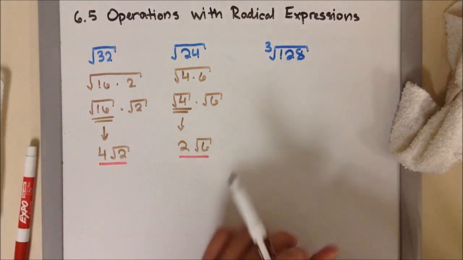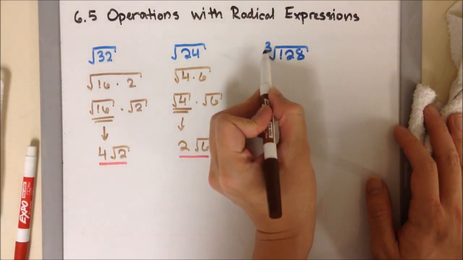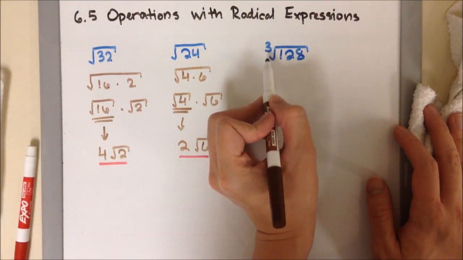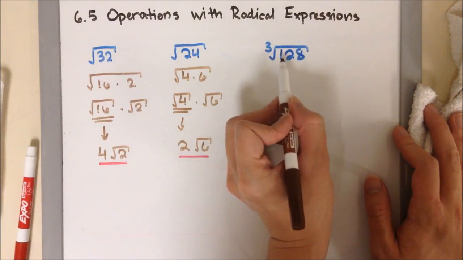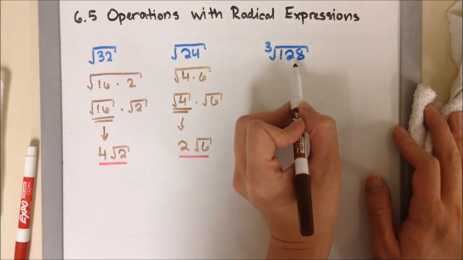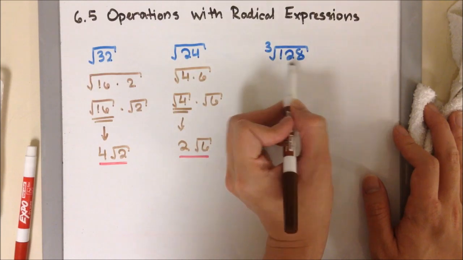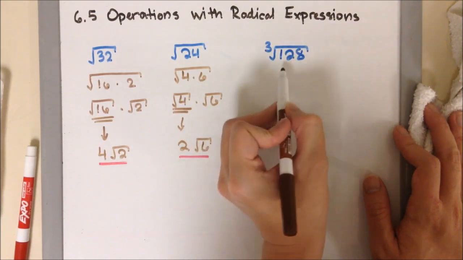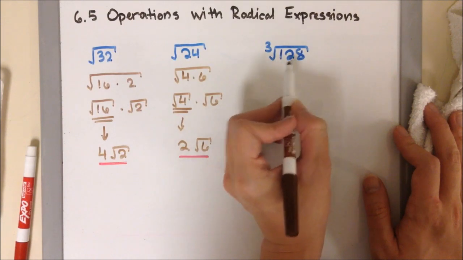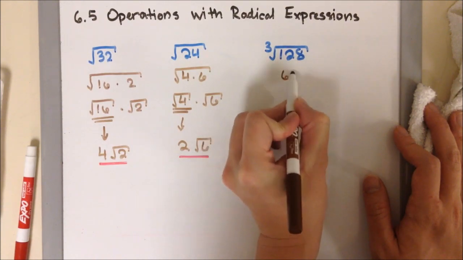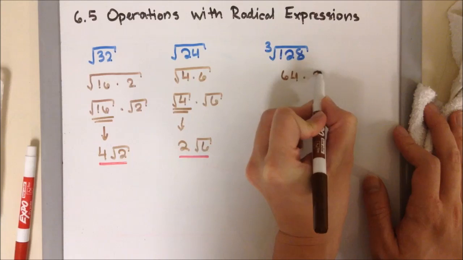Alright, the last one, this is a cube root because we have an index of 3. So the cube root of 128 is not a perfect cube, so I have to use one of the perfect cube numbers for 128. The only one that's closest to 128 is 64 times 2.